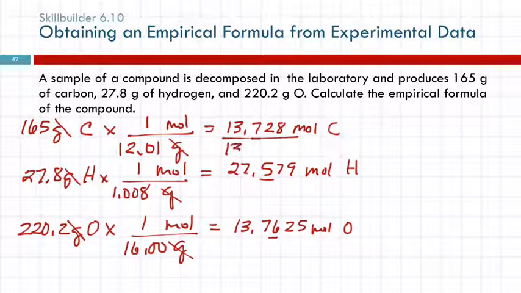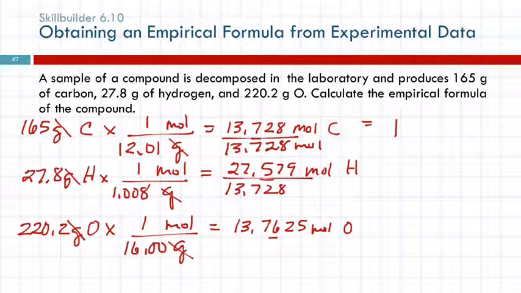So this one divided by itself is 1. And this one divided by 13.728 gives me 2.0089.